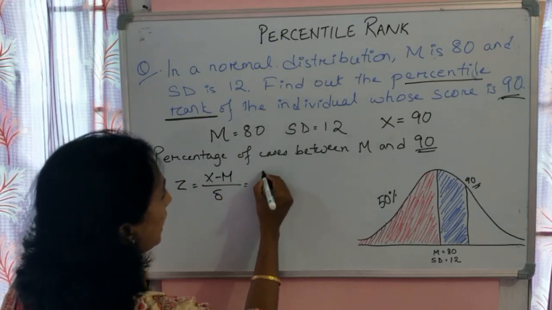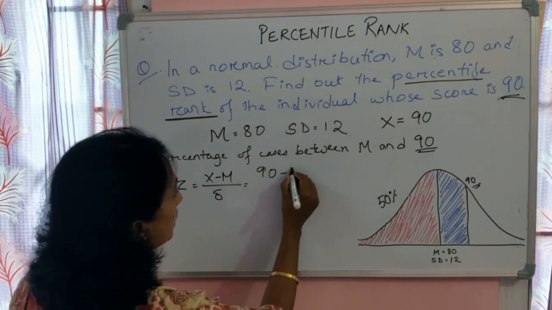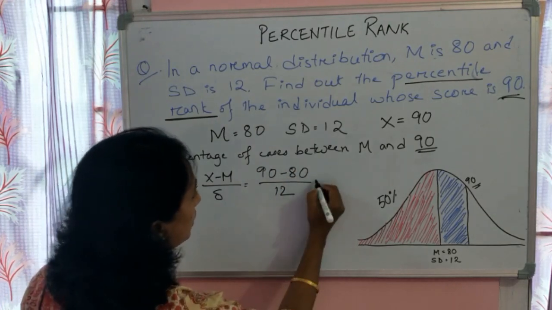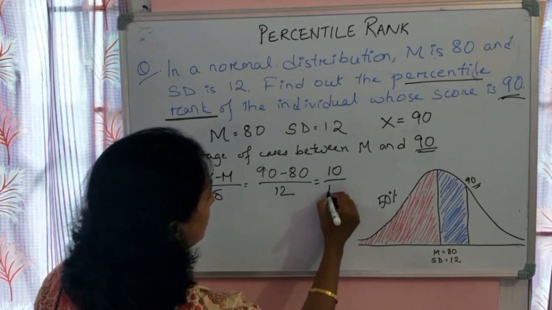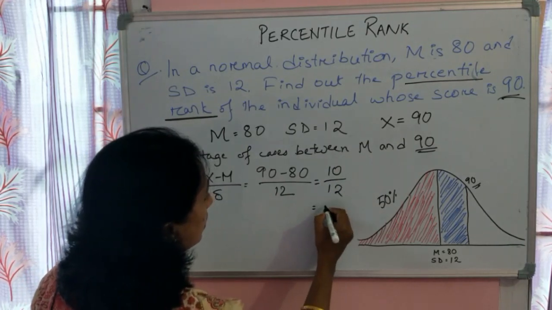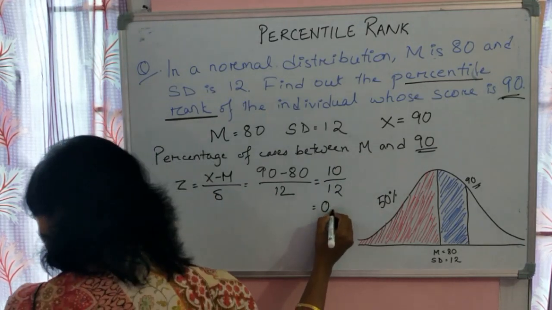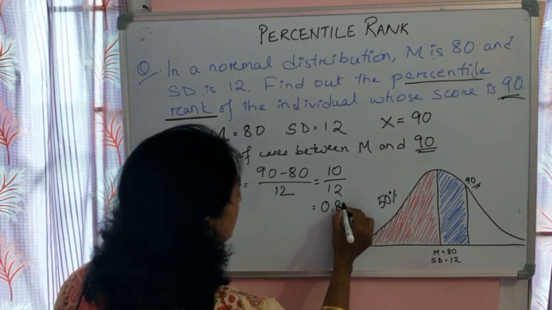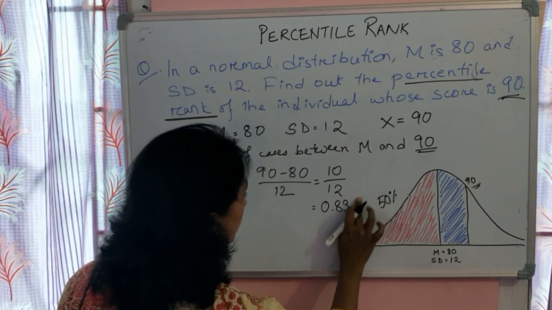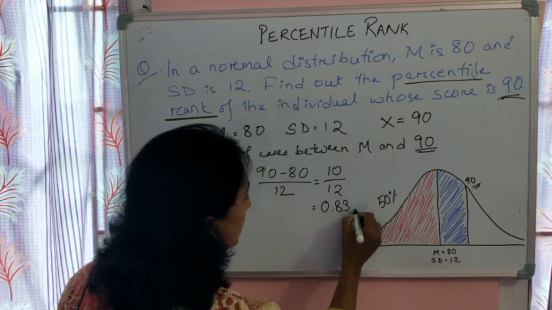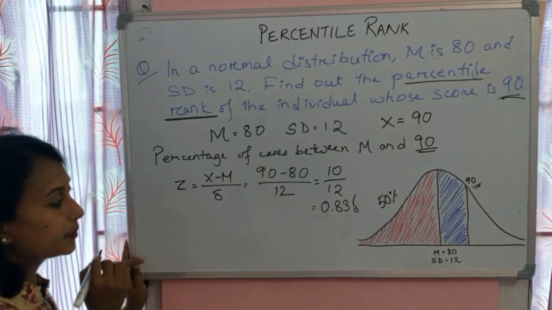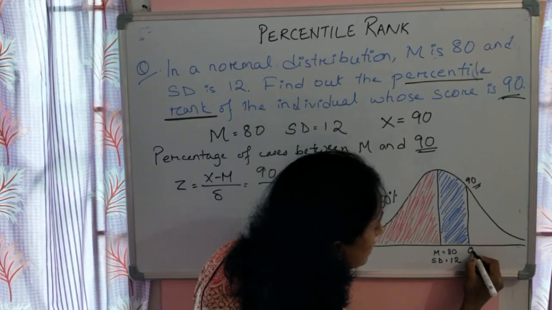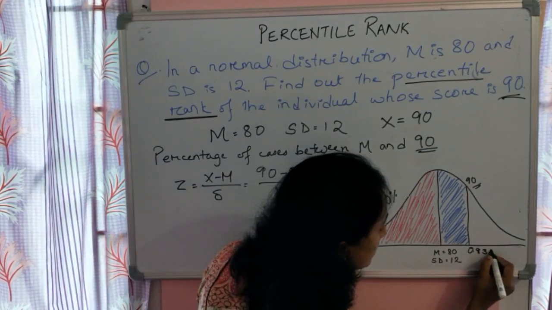Then x is 90, mean is 80, SD is 12. It comes to 10 divided by 12, which is 0.83. Sorry, not percentage, 0.83 what? Standard deviation. So for 90 we got 0.83 standard deviation.